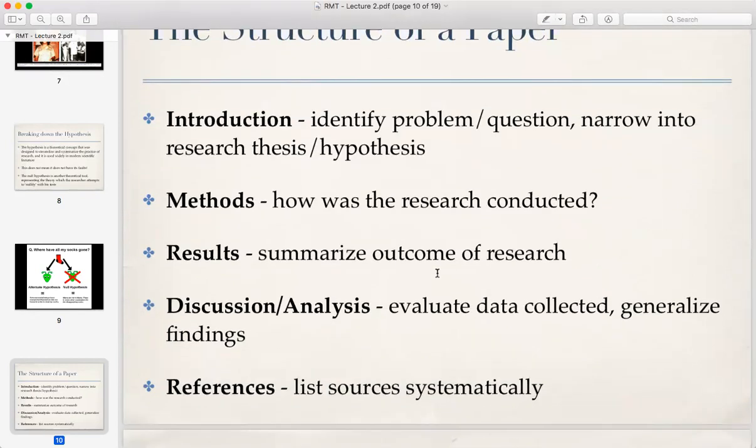You have the introduction at the beginning, where you're identifying the problem or the question that you're trying to answer, and you're narrowing that question down into a thesis and a hypothesis. The difference between a question and a thesis is only in vagueness and specificity. The question can be a little more broad, a little more unfocused, but your thesis is sharp and crystal clear.